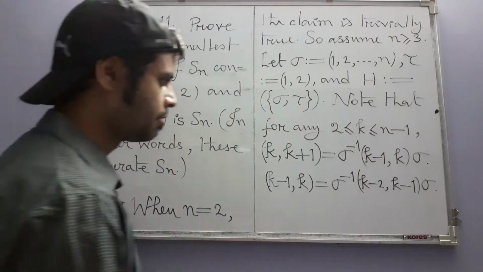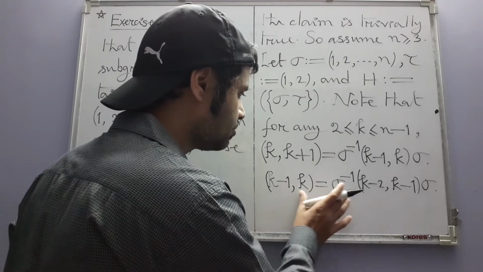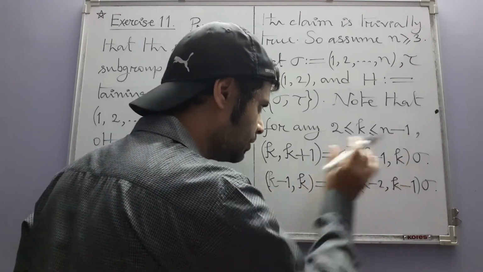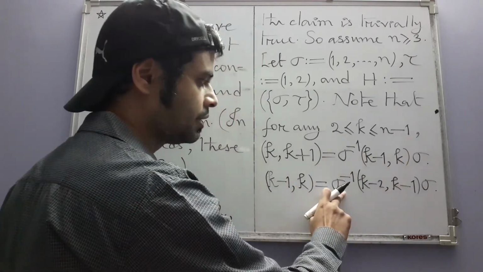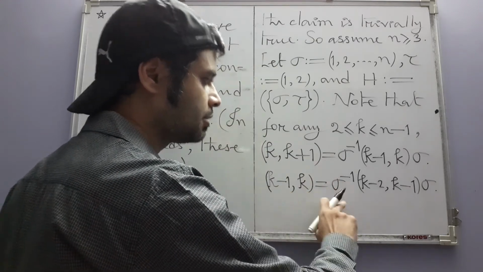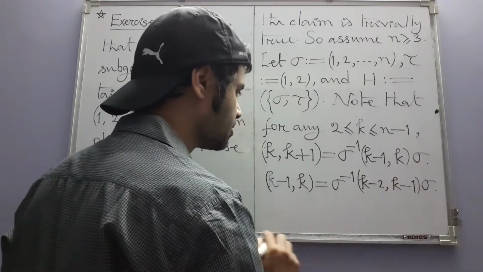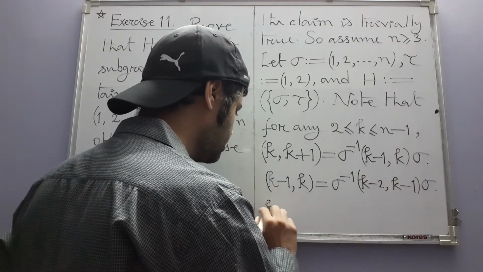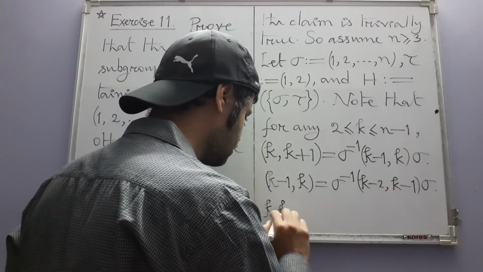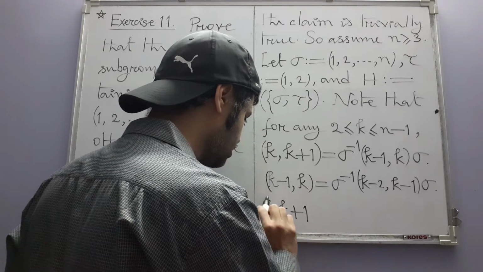Okay. Now if you substitute the expression for this here, what do you get? You will get sigma inverse times this 2 cycle times sigma. That means using these two equations you have this.